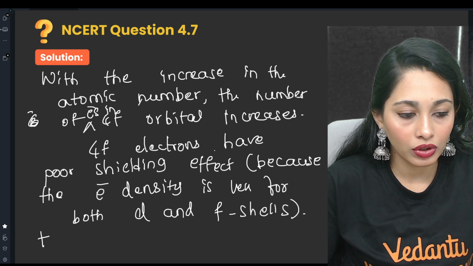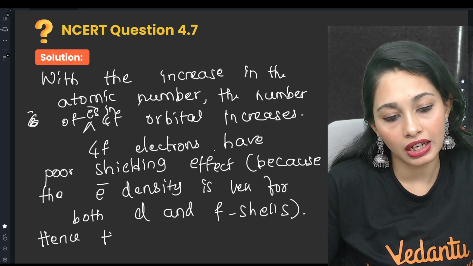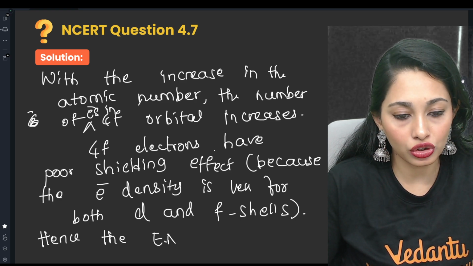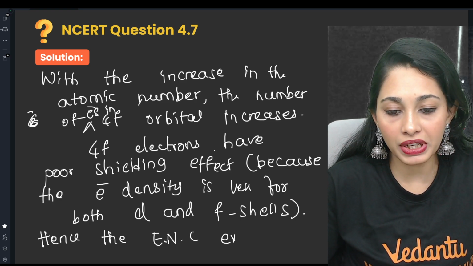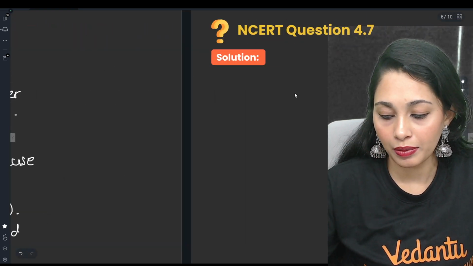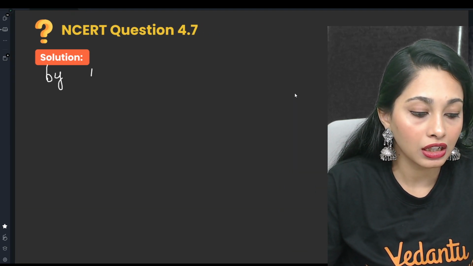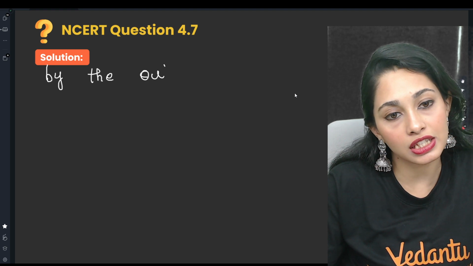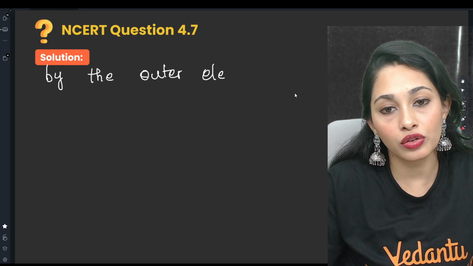So what happens? Hence the effective nuclear charge experienced by the outer electrons increases.